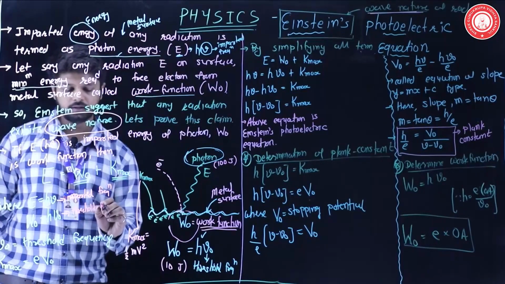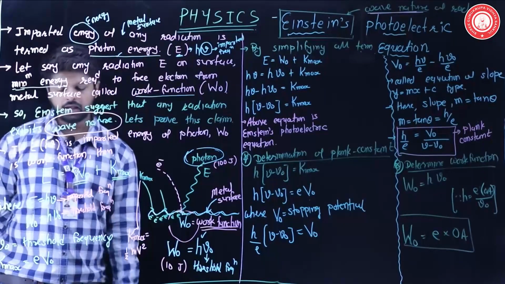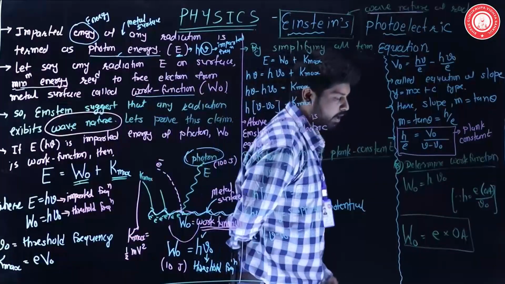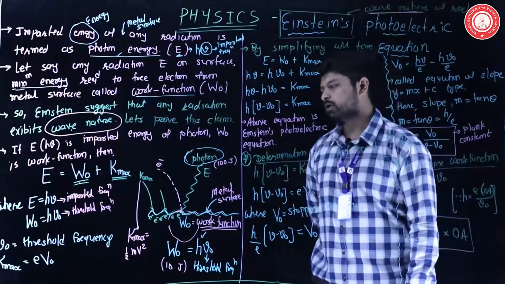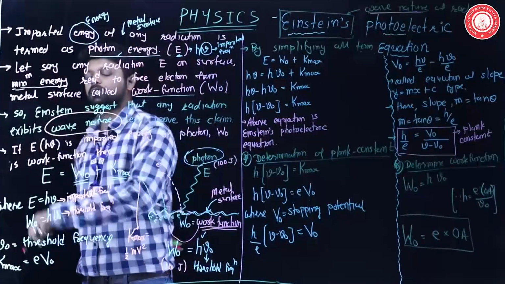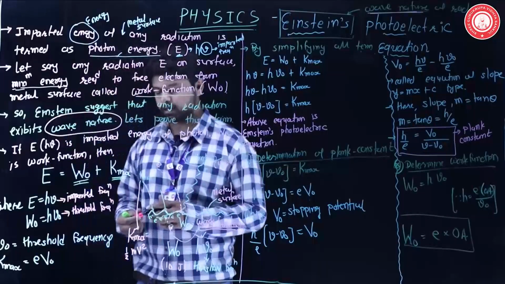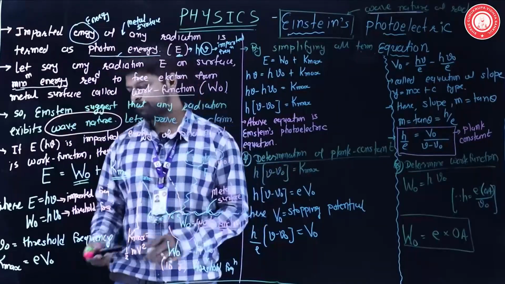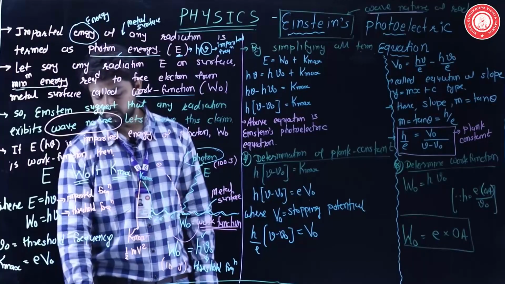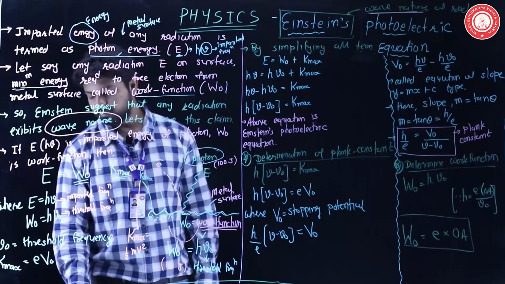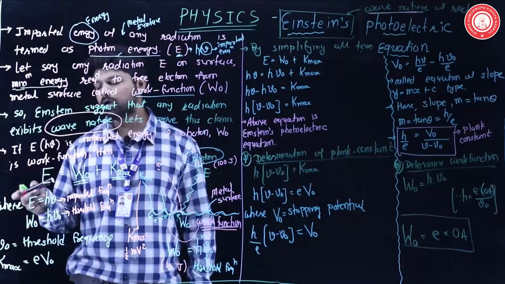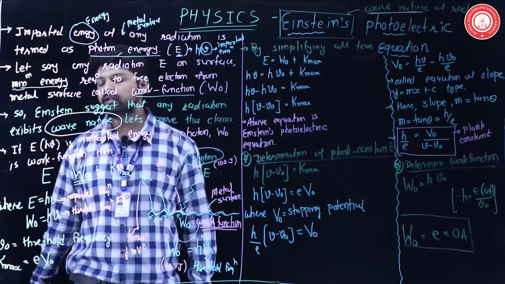As I told you before, threshold frequency is the minimum frequency required to free the electron, and work function is the minimum energy required to free the electron. So there are two frequencies over here: number one, the imparted frequency, and number two, the threshold frequency. Both frequencies will be counted in the Einstein equation.